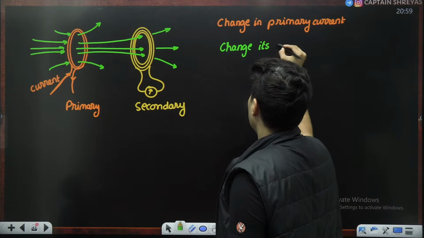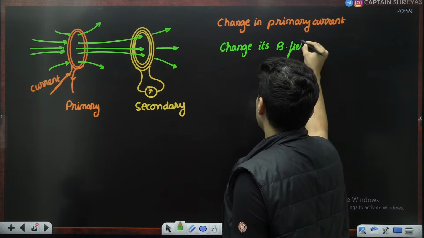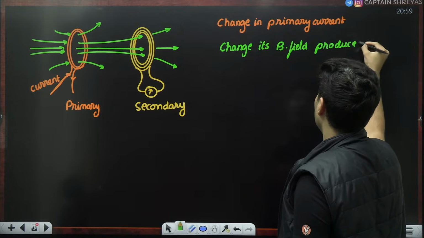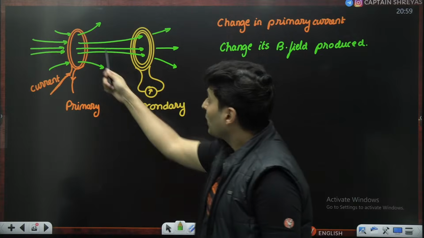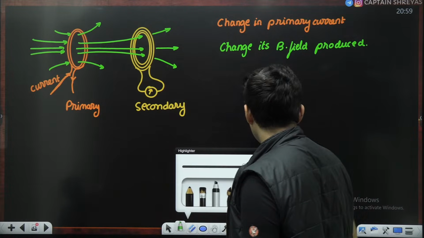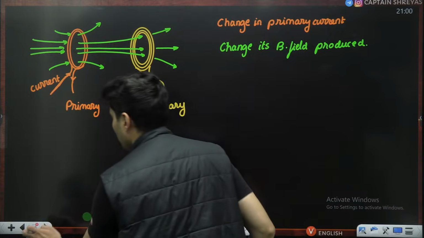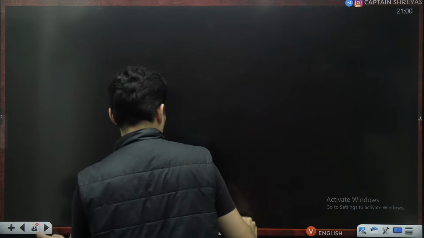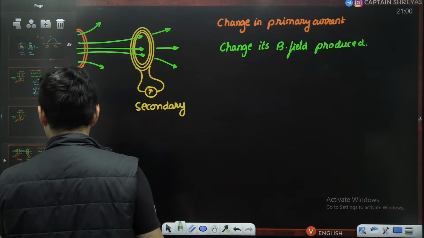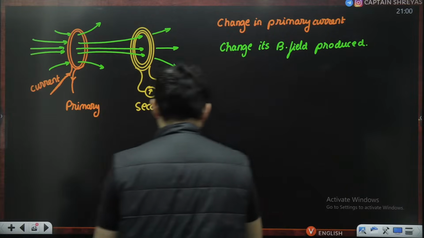its magnetic field being produced. Whatever magnetic field is produced, it will definitely change. Because the field will change, what will happen because of that? Think about it. Let me create a duplicate. Because of that, what will happen?